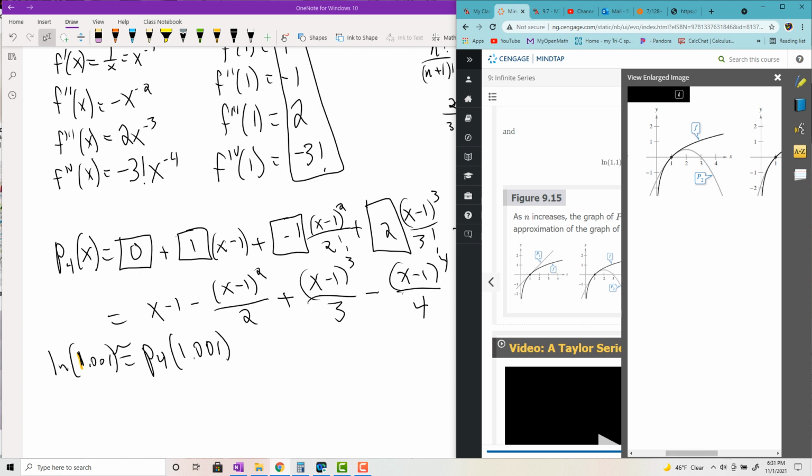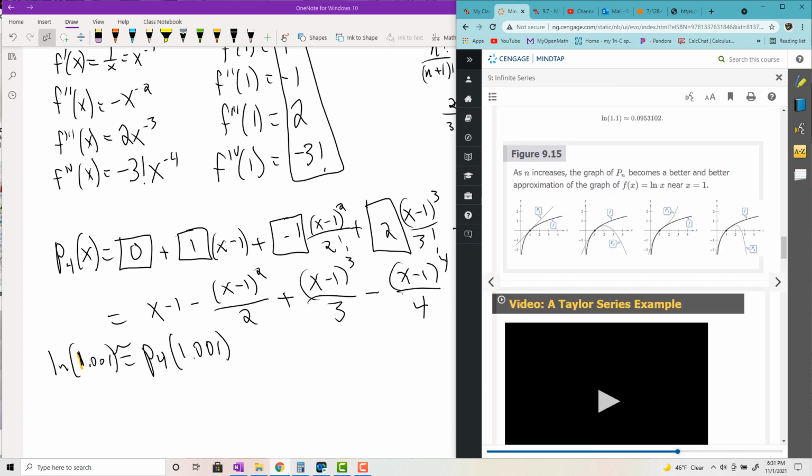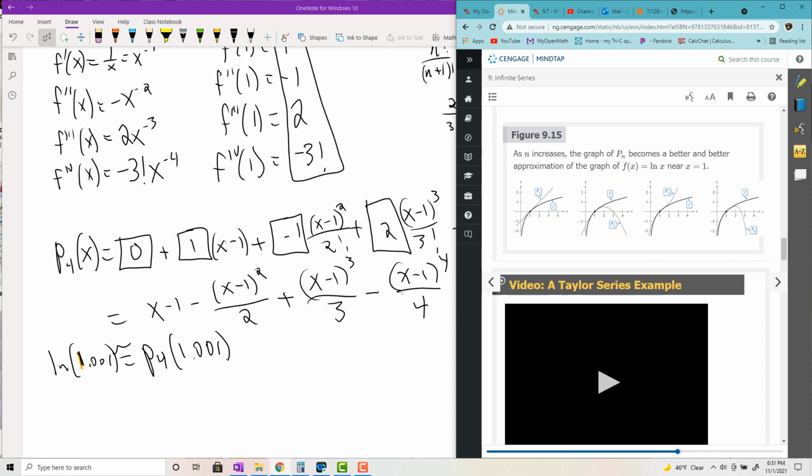Because that first derivative will ensure the polynomial and the function are both increasing or decreasing. Then the second derivative will give you concavity, so the concavity will be the same shape around that number 1. And then the fourth derivative, I don't know what the heck that does, but it conforms it better and better to the actual function. Okay, it's kind of interesting to look at that as you get bigger and bigger polynomials.